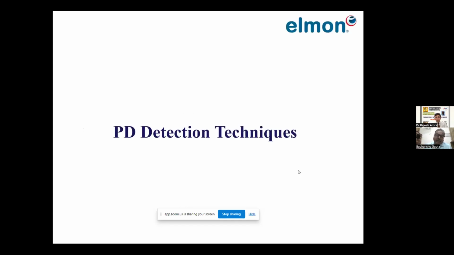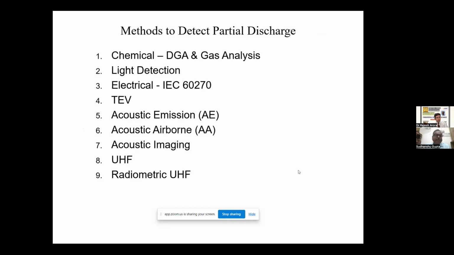Now, there are many partial discharge detection techniques available nowadays, and I just want to highlight a few of the methods of testing. We all know the chemical method. Chemical method is nothing but DGA, and gas analysis in case of GIS.